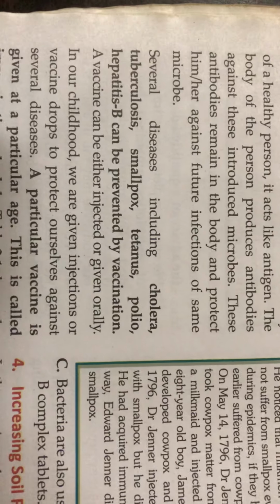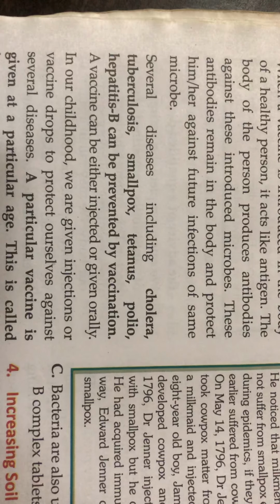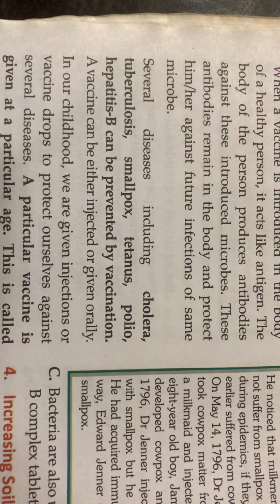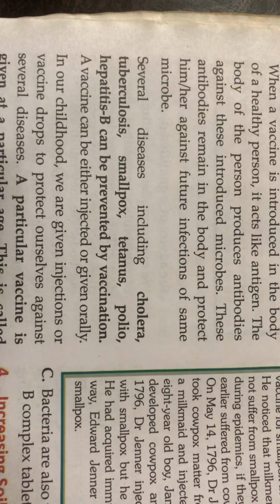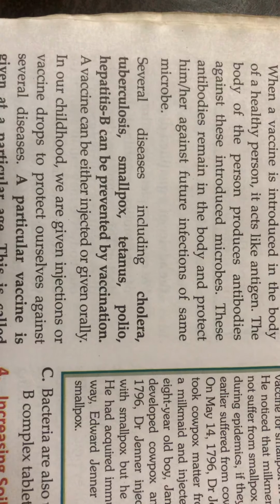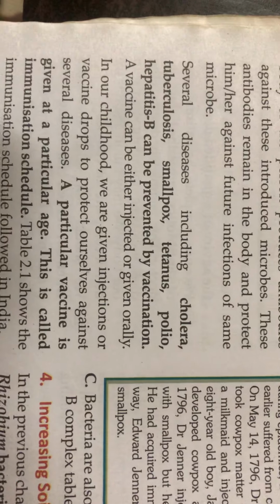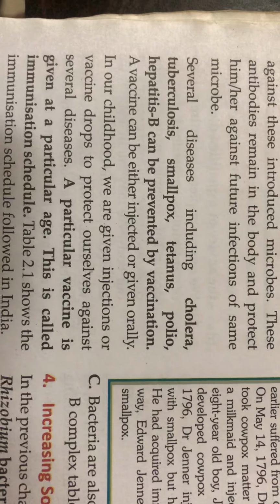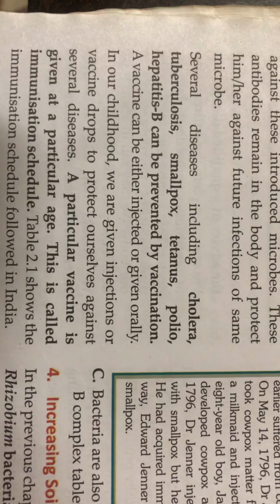Several diseases, including cholera, tuberculosis, smallpox, tetanus, polio, and hepatitis B, are being prevented by vaccination. These are several diseases for which we take vaccinations. A vaccine can be either injected or given orally, that is, in tablet form or drop form.